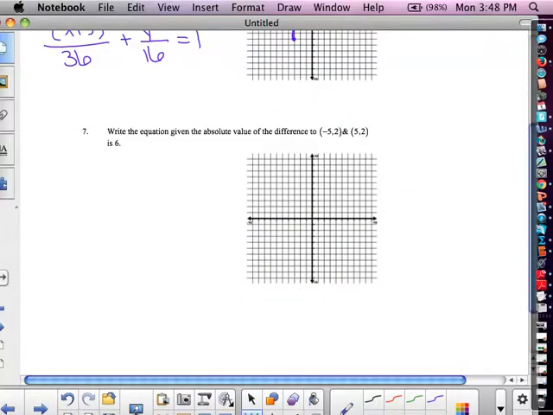Number 7, write the equation given the absolute value of the differences from -5, 2 to 5, 2 is 6. Okay, that means that these are both foci, and 6 is the length of the transverse axis.